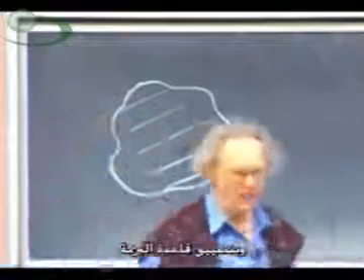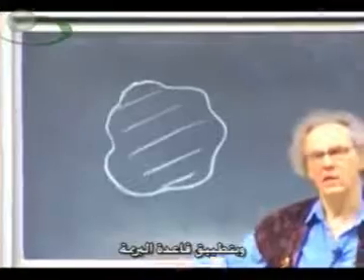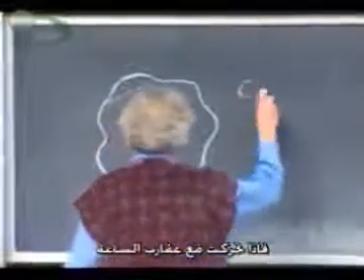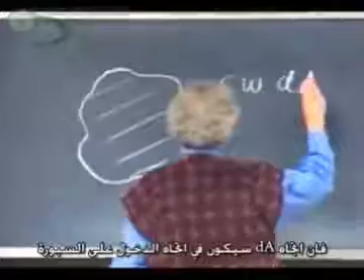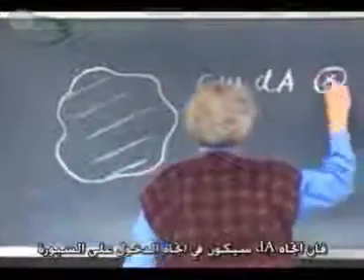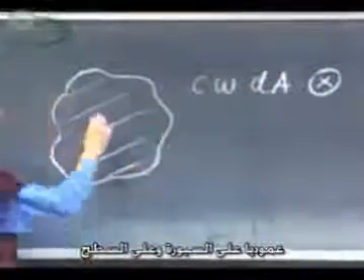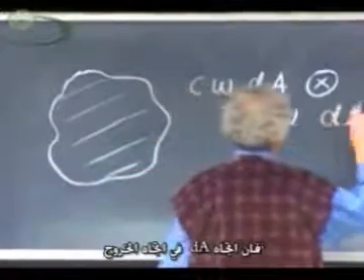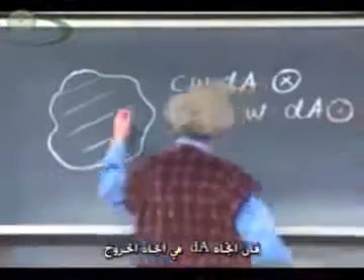I can go clockwise, I can go counterclockwise. We will then do the same thing that we did before with Ampere's law, apply the right-hand corkscrew rule, and that is that if you march around clockwise, then dA will be into the blackboard, perpendicular to this surface, and if you go counterclockwise, then dA will come towards you.